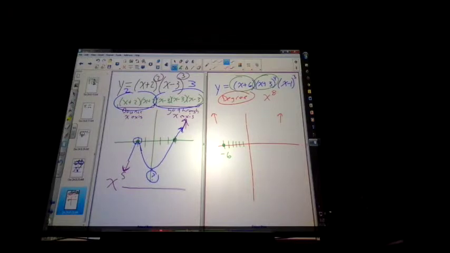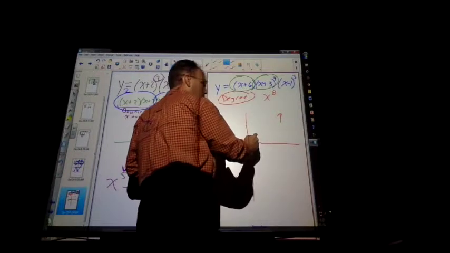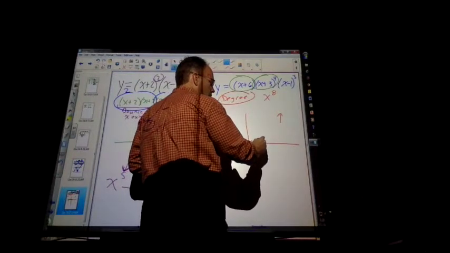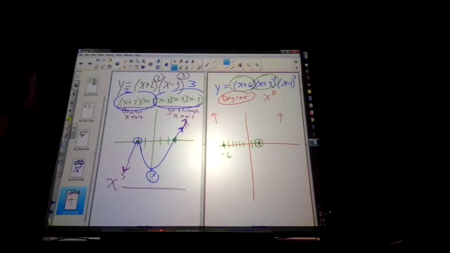It will bounce. Why? It's an even exponent. So at -3, I'm going to circle this and then circle it again like that. That's going to tell me we're going to do a bounce there. I'm not quite sure if it's going to be a bounce from the top or from the bottom yet, but we'll get there.